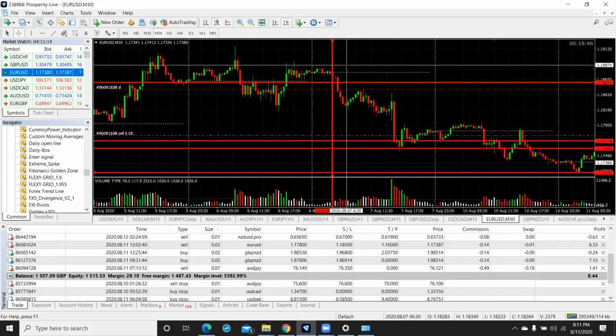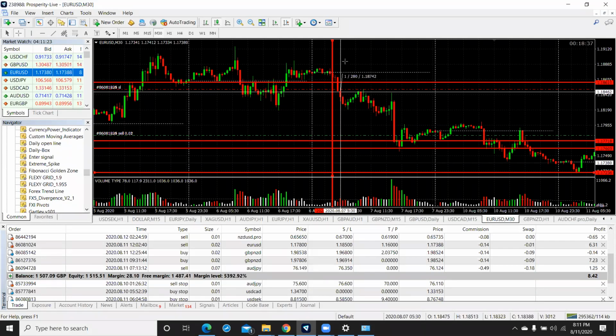So we would have had a stop loss somewhere about here. We're looking at about a 35 pip, 40 pip stop loss. Holding this trade would have gave you 120 pips. So you would have had a 3-to-1.